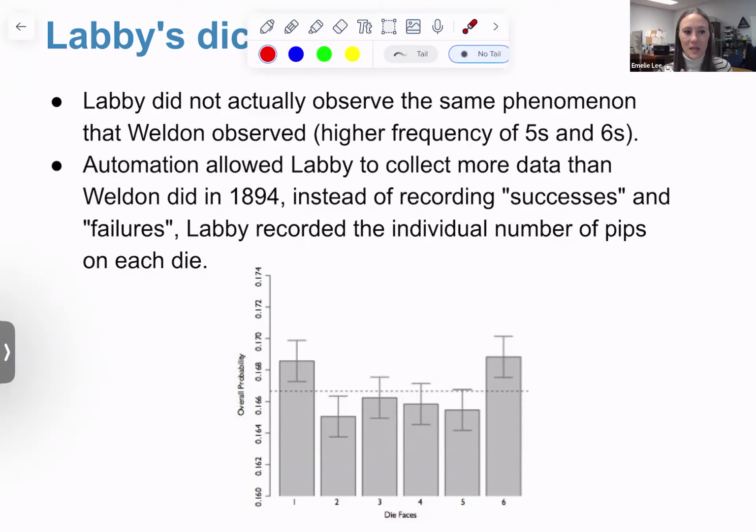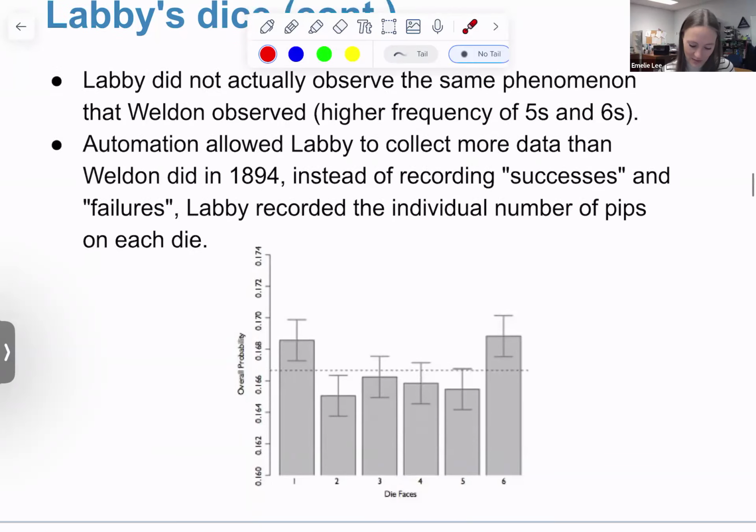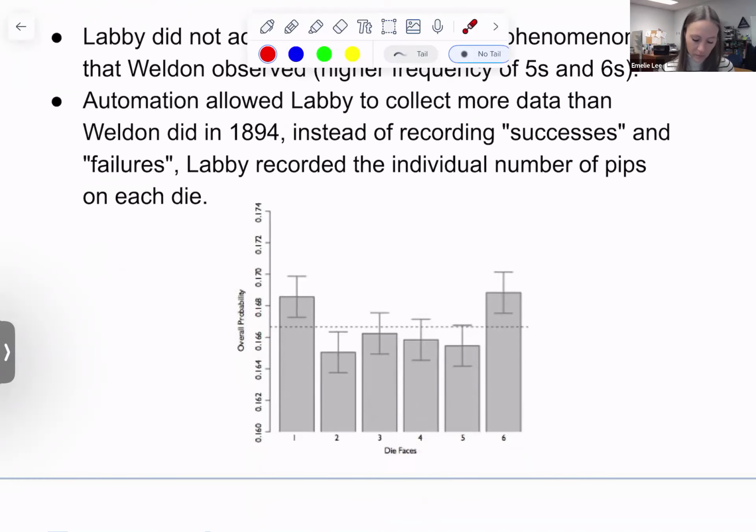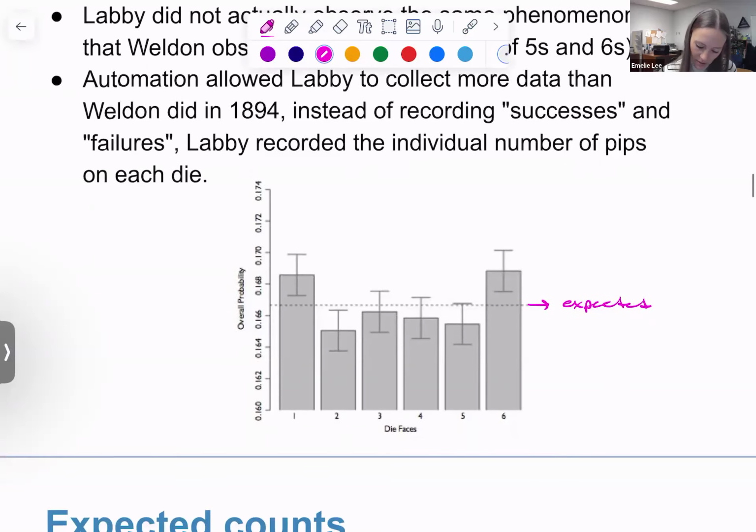So now Labby says, well, how about I have this machine just count what the faces all are. And what he found was that the number of ones and sixes is quite a bit higher than 2, 3, 4, 5. And so here, this is the expected probability.